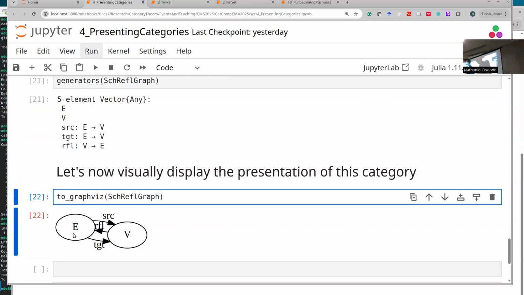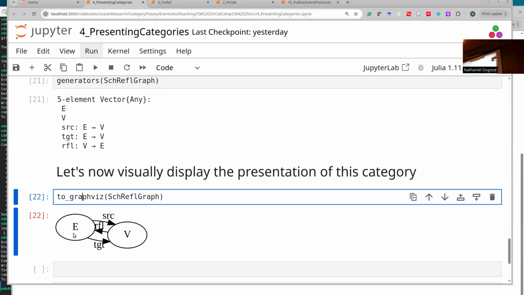And a given vertex will have a reflexive edge, a given vertex in our graph. So imagine we have a graph here, and this is a directed multigraph with the important proviso, this is why it's called a reflexive graph, that every vertex in this graph is going to have a reflexive edge.